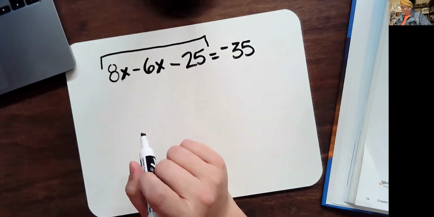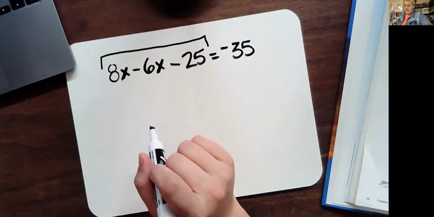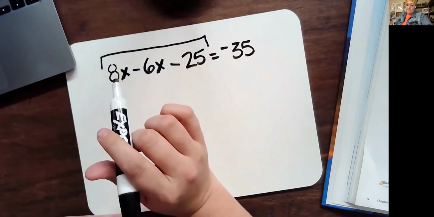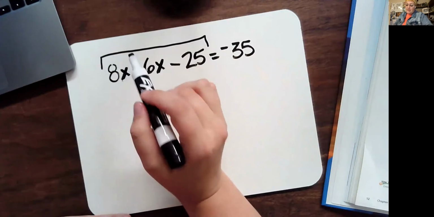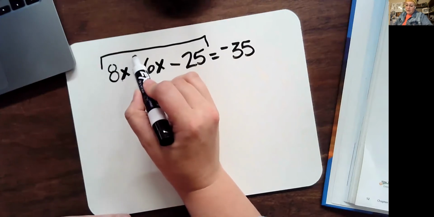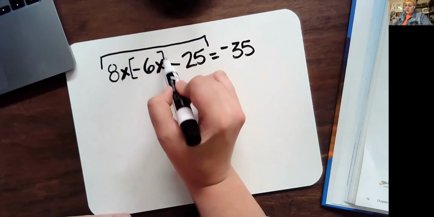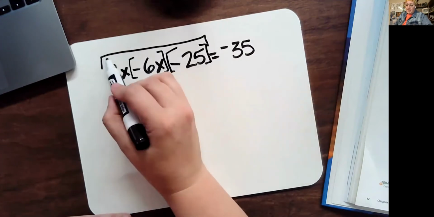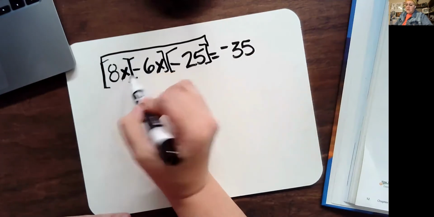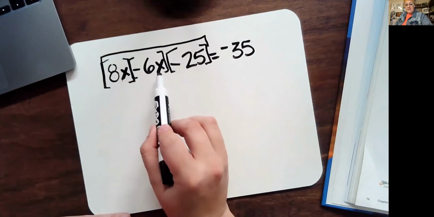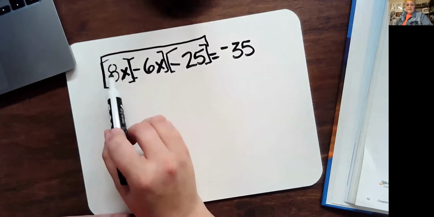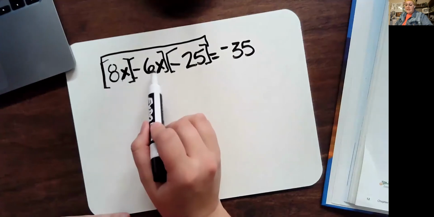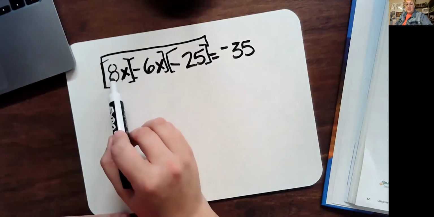When we are combining like terms like this, with addition and subtraction, we can think of those numbers as connected to the sign in front of them. We've been doing a lot of work with positive and negative integers, so we can think of this as a negative 6x and a positive 8x. These are both numbers times x. This one is a negative, this one is a positive.